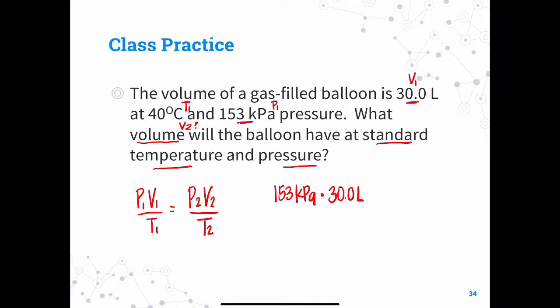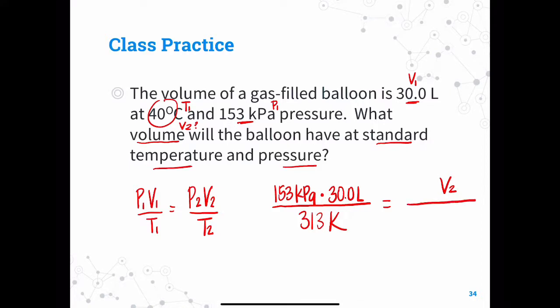So we've got our pressure and our volume. And then T1 was 40 degrees Celsius, so 40 plus 273 is 313 K, once we convert to Kelvin, equals V2, which we know is what we're trying to solve for, so we'll just leave that written as V2.